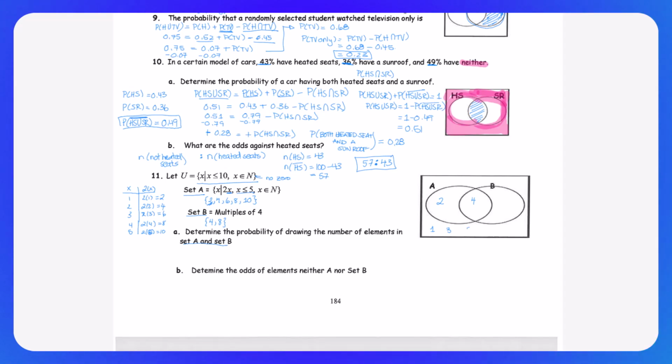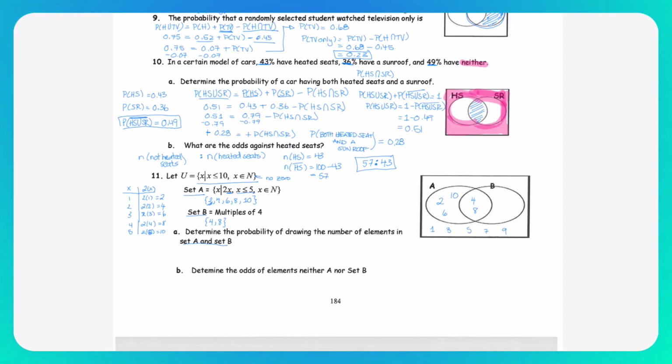And we're going to continue to do this for the rest of our numbers. So notice here, the even numbers are inside A or B, and all of those odd numbers are on the outside. They are in the complement region.